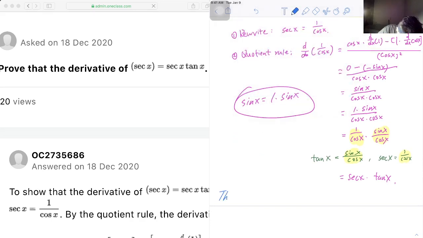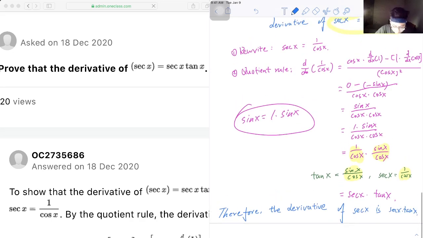Therefore, the derivative of secant x is secant x times tangent x.